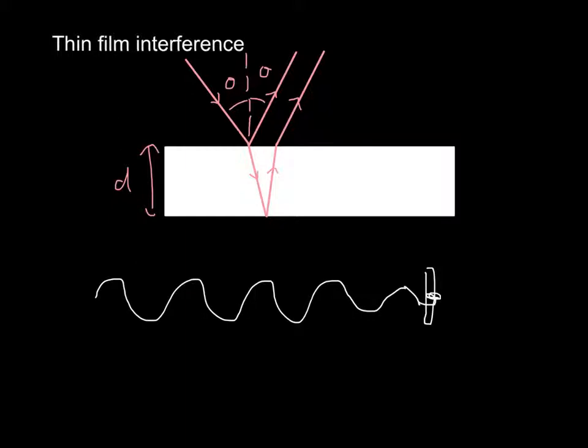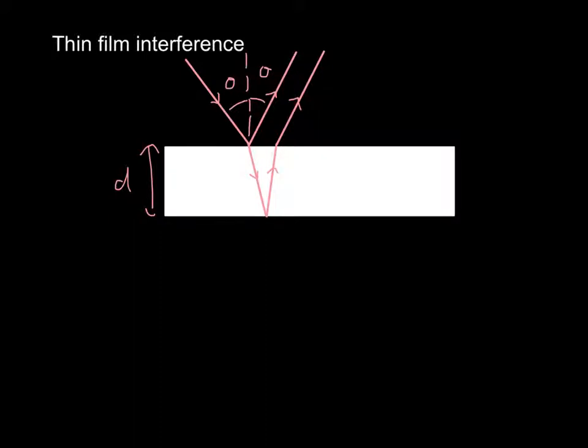And this also happened when we had a thin rope going onto a thick rope, and again the wave would go from here and then reflect with a phase difference of pi or a path difference of half a wavelength. So in here something very, very similar happens.